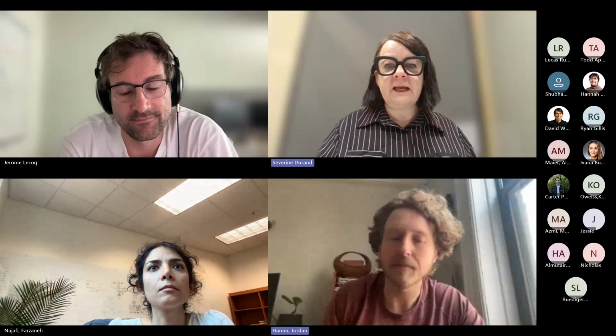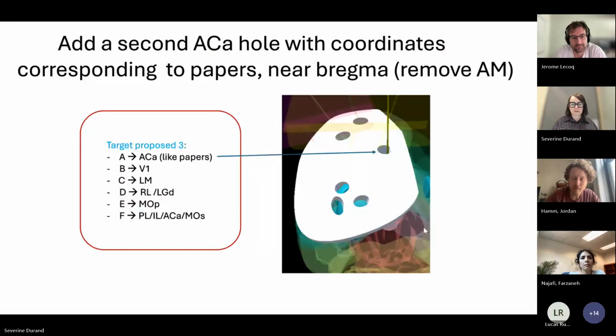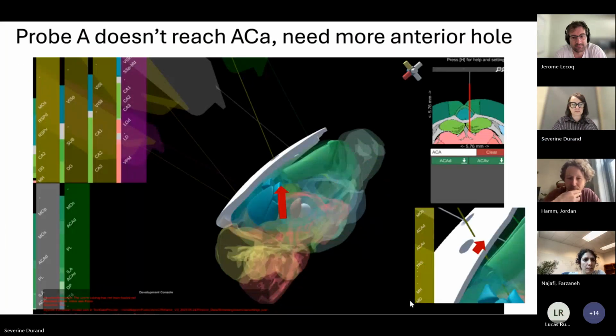Actually, let me check, but you would even have a little bit, I don't know how that is possible, but with the MOP hole, there is a little bit of ACA as well. So that would make maybe 3 comparisons together with ACA, which is cool.